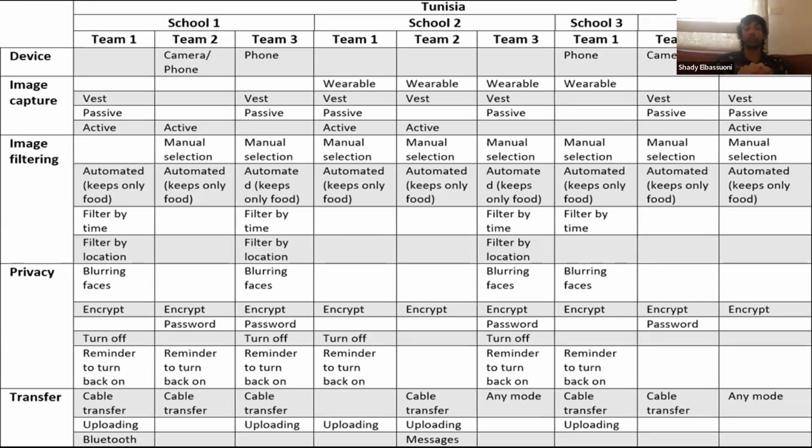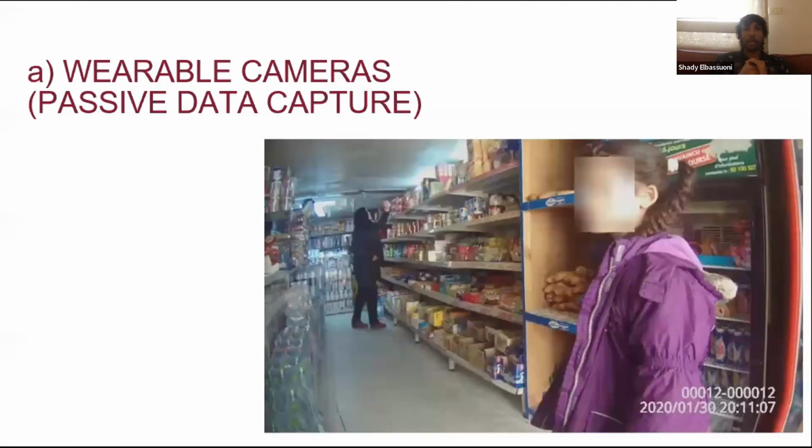Additionally, they also preferred passive data capture through wearable cameras. Thank you. So this is exactly what I'm going to focus on right now. I'm going to talk about this passive data capture approach through wearable cameras.